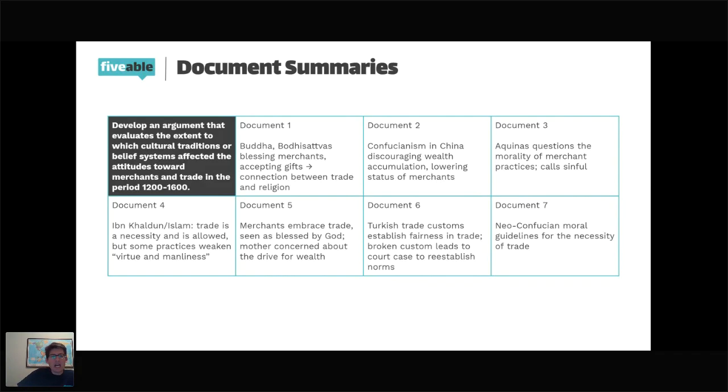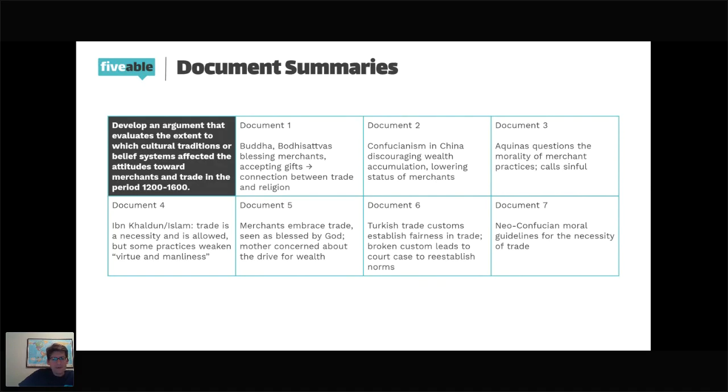To speed up a little bit here, document 5, we see a shift. Italian merchants, presumably Christian, they're talking about Our Lady. We definitely see in this case Italian merchants, Italy being an important trade center, in the 14th century, the late 1300s, really going to start to expand their trade at the beginning of the Renaissance.